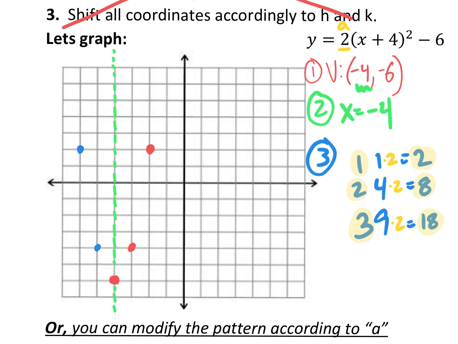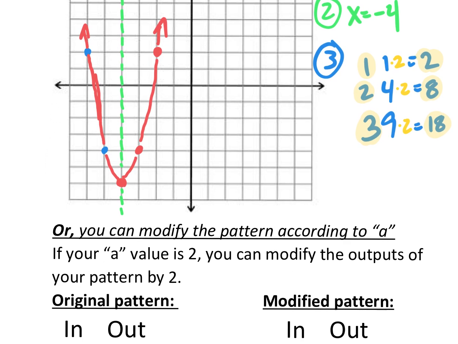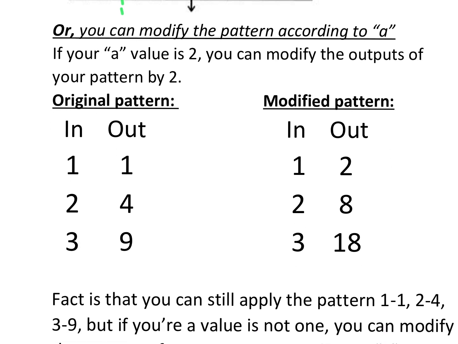So the only different thing that we're doing this week compared to last week is we're still using the pattern 1, 1, 2, 4, 3, 9. Whoops, that came out crooked. But we're modifying the outputs of that pattern according to our new a value. That's what I was explaining down here. The original pattern is 1, 1, 2, 4, 3, 9.